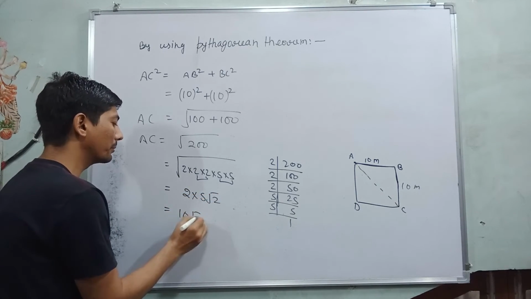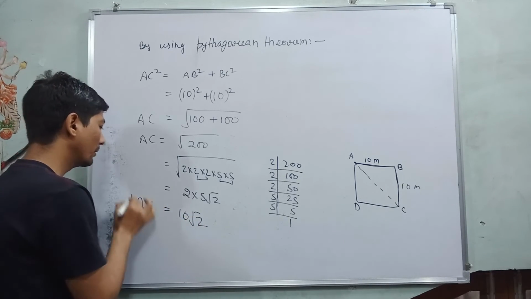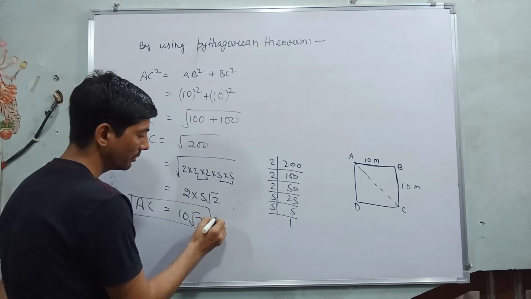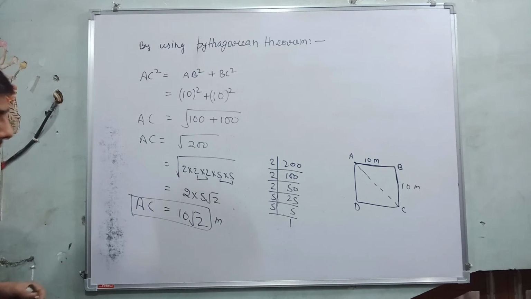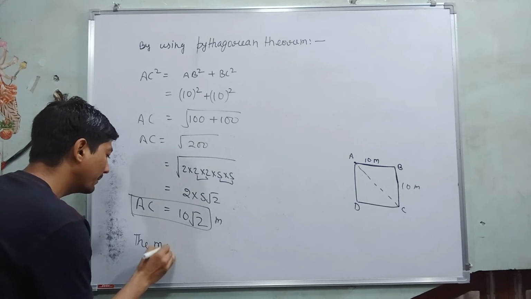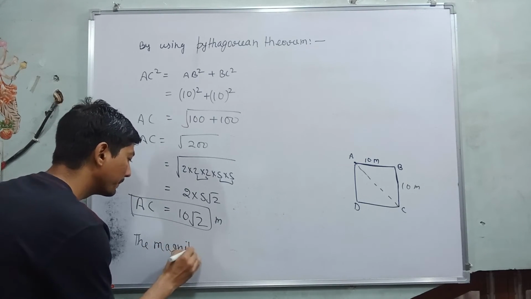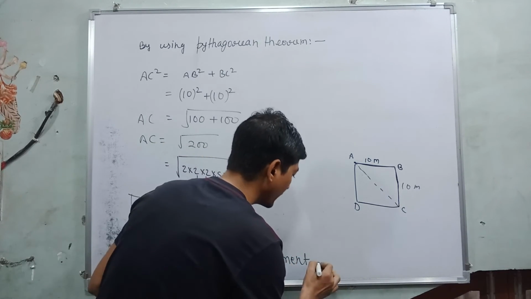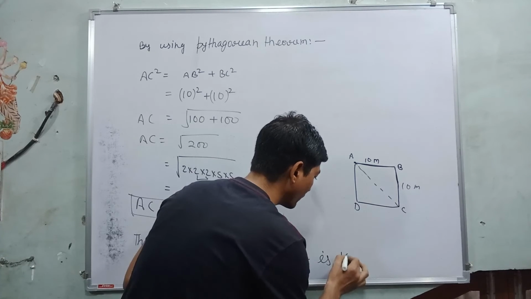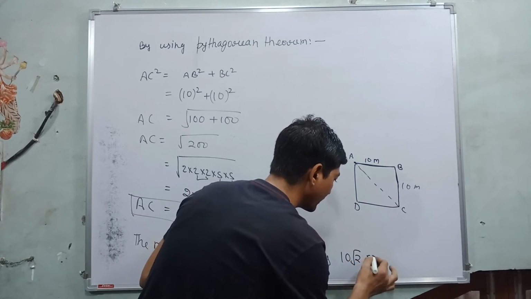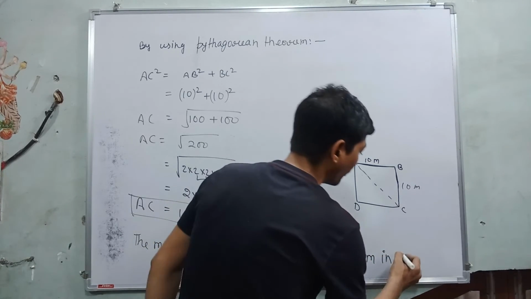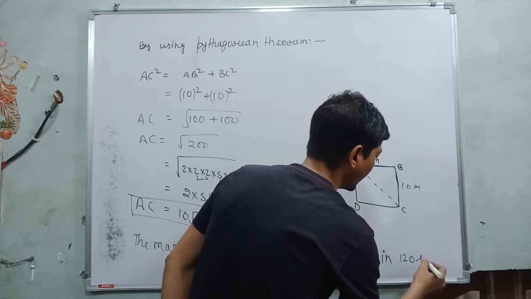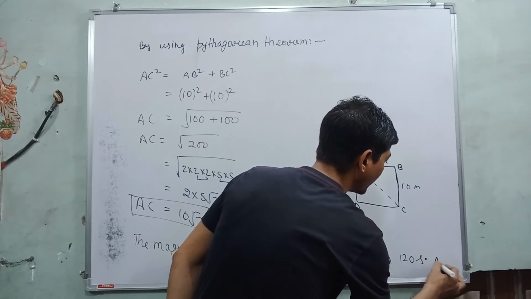So there will be 10 square root 2. So we can say finally the magnitude of displacement is 10 square root 2 meter in 120 seconds. Okay, so this will be the answer.